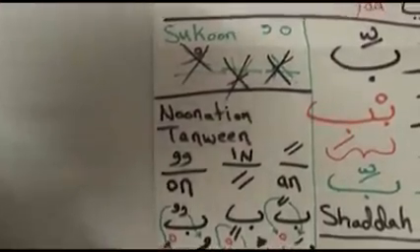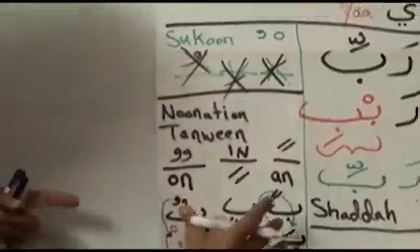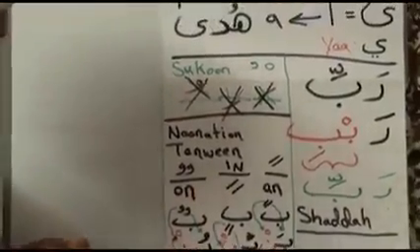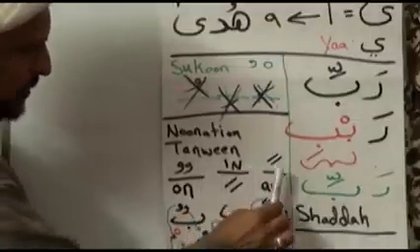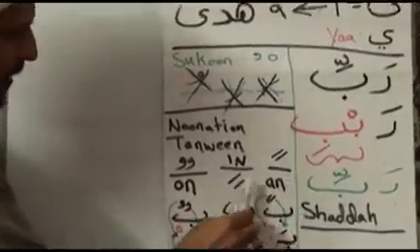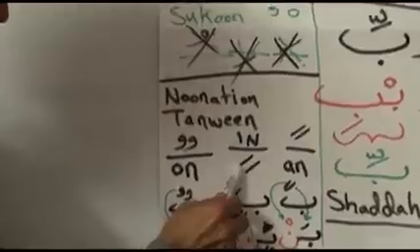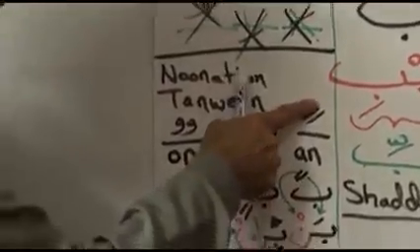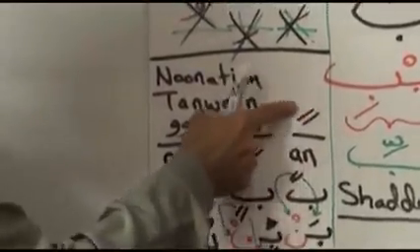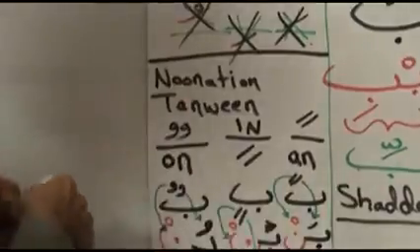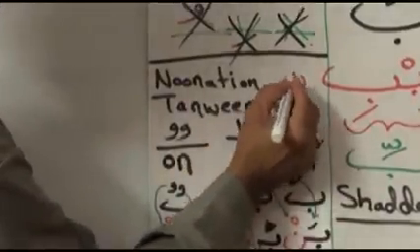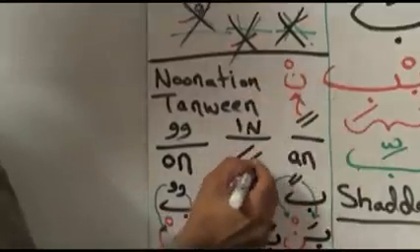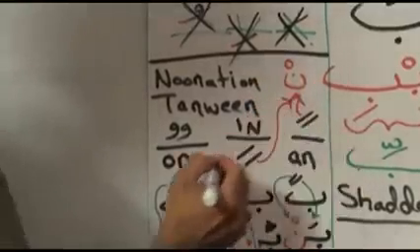If you can have a close-up look, this is ban, an, in, un. One sign is a, another sign is silent noon. So this is silent noon. And this is silent noon.